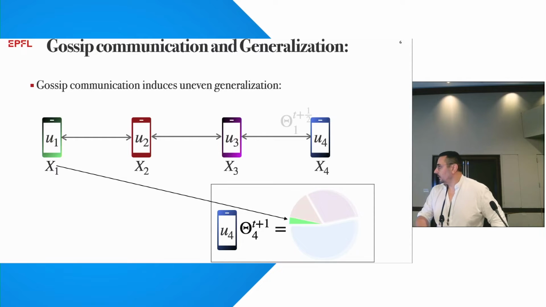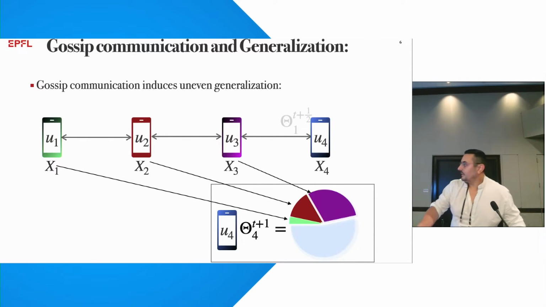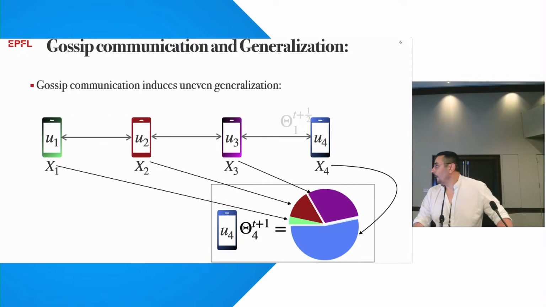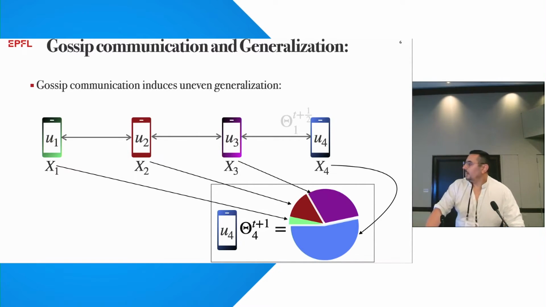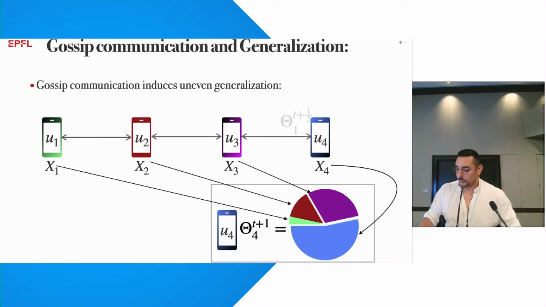In particular, the influence that a user has on the model of another user is a function of the distance in the network, with the local training set of the owner of the local model having the most influence. In other words, we can say that the local models in DL almost always tend to overfit the local distribution of a user.